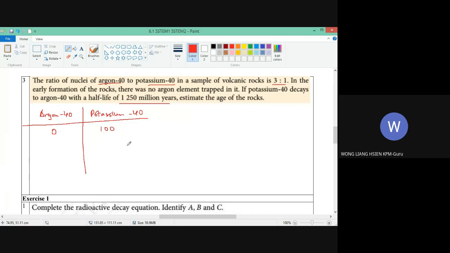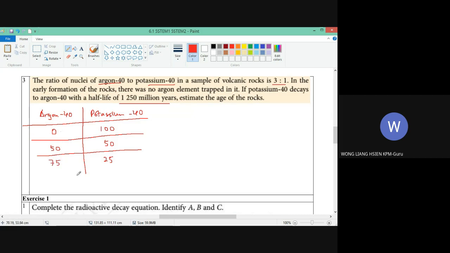After one half-life, potassium becomes only 50%, and argon will have 50% also, because half of the potassium changed to argon. After another half-life, 50 becomes 25, so argon becomes 75.